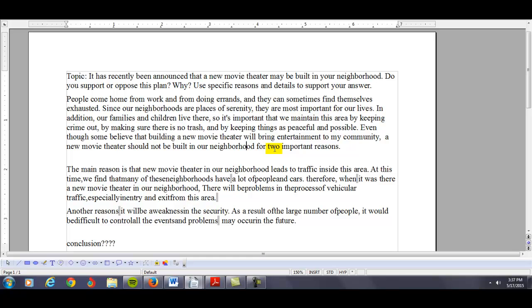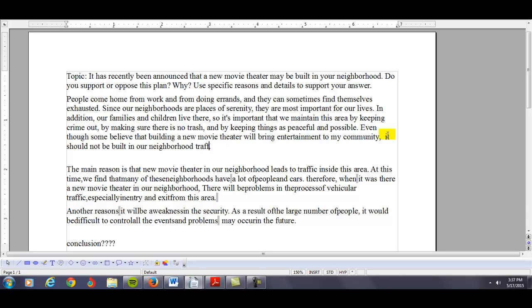So you say it shouldn't be built for 2 reasons. Let's put what those reasons are here, and then it's a little bit easier to organize your essay. So even though some believe that building a new movie theater will bring entertainment to my community, you can say here, it should not be built in our neighborhood.